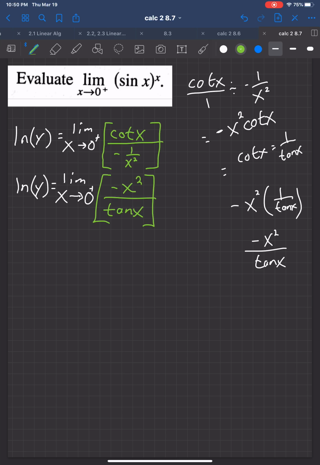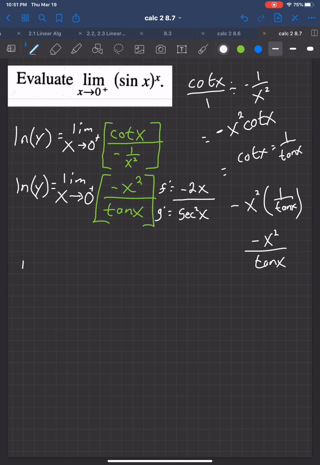All right, so again, if I evaluate the limit, it's still indeterminate. So let's go ahead and use L'Hopital's rule one more time. All right, so f prime, g prime. The derivative of negative x squared is negative 2x, and the derivative of tangent is secant squared.